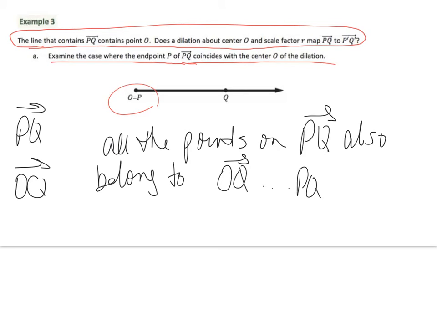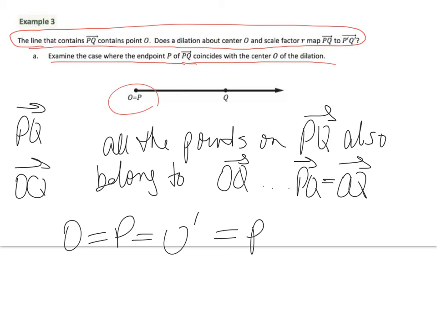So PQ equals OQ, right? That's what this is. So by definition, a dilation always sends its center to itself. So I know that O equals P equals O prime. Okay, let's get to the next page and I'll try to explain it further.